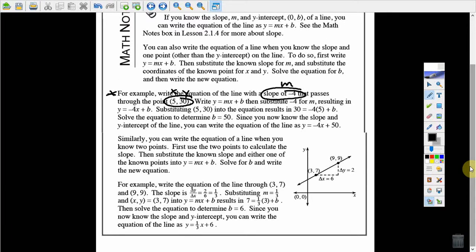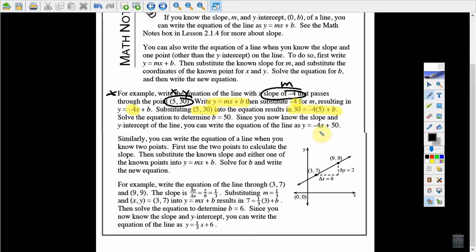So we start by writing y equals mx plus b. Then we substitute -4 for m, like so. And we substitute (5, 30) into the equation for x and y. So we end up with 30 equals -4 times 5 plus b.